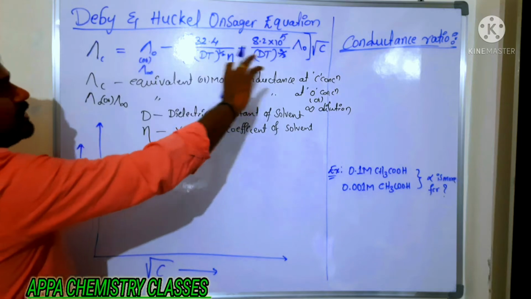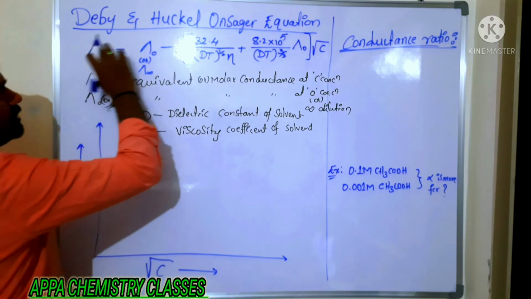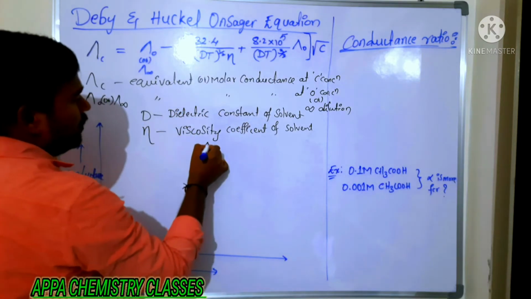Now by using this equation, he gave the relation between conductance versus square root of concentration. This is the whole equation. I am going to write it like this.